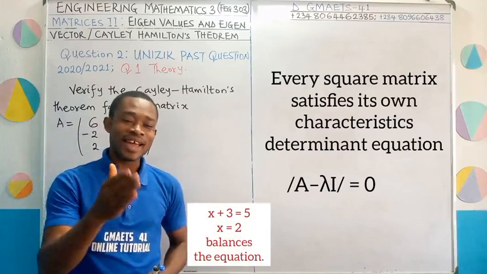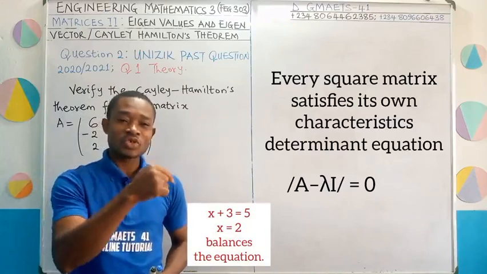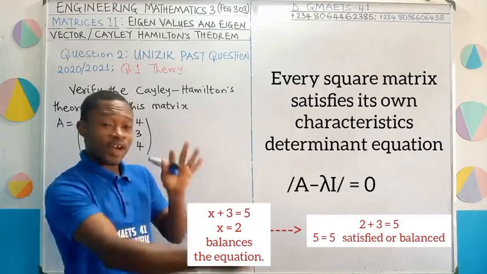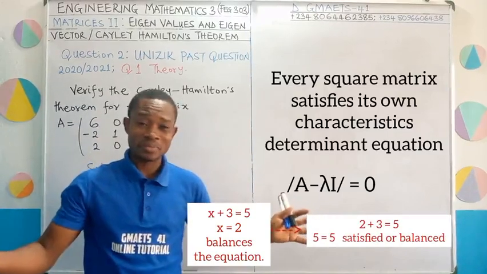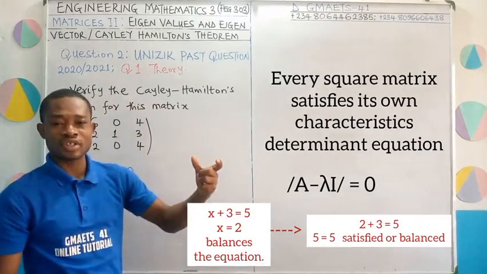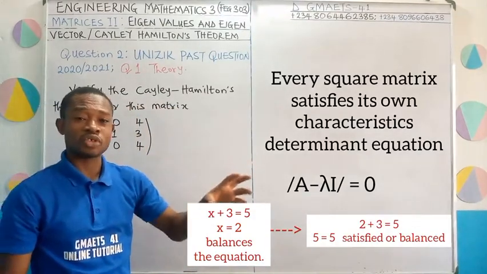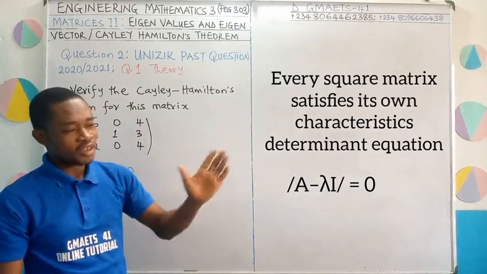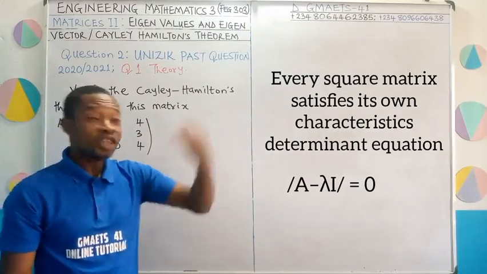And how do you know that x is 2? If you substitute that 2 for x there, you have 2 plus 3 equal to 5. And 2 plus 3 is 5. So 5 on both sides, it balances. It is the same with Cayley-Hamilton's theorem, relating it to the characteristic equation of a given matrix. If you simplify this determinant of A minus lambda I, it should give you 0.